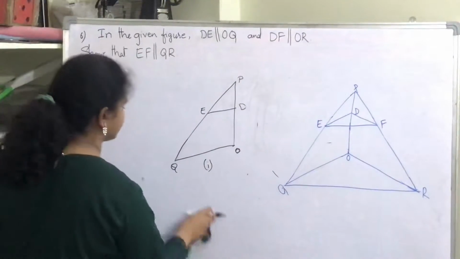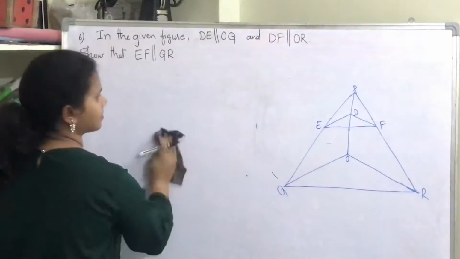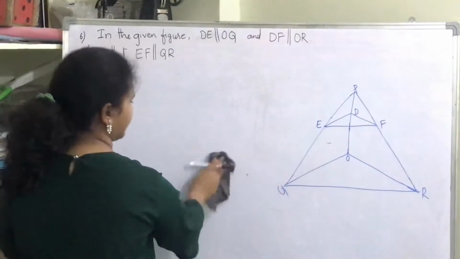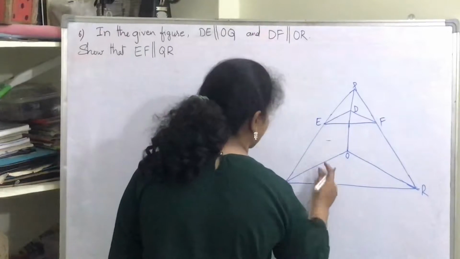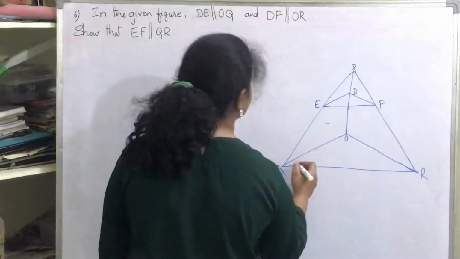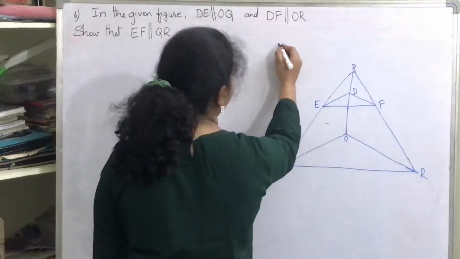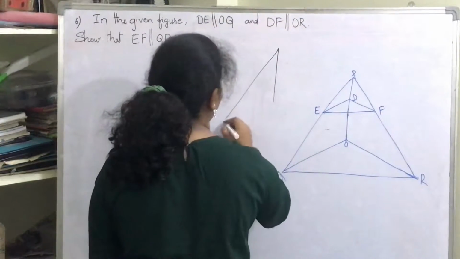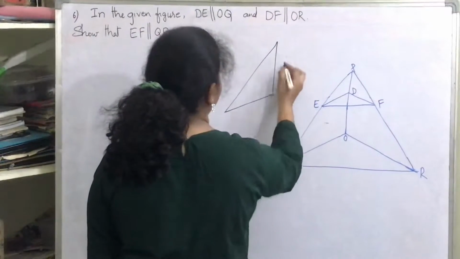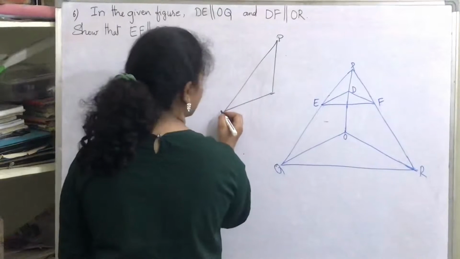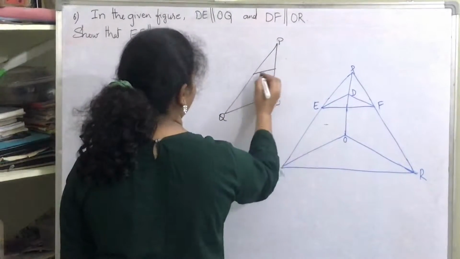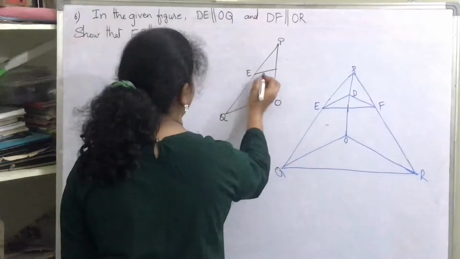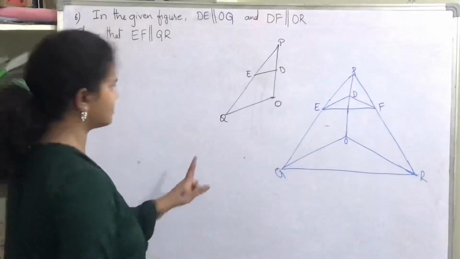Let me draw this triangle over here. Let this be P, Q, O, here like E and D, where ED is parallel to this.